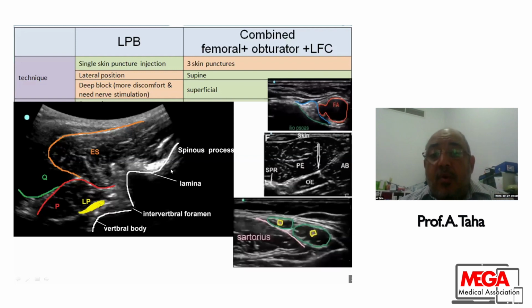And also they don't require nerve stimulation. Nerve stimulation is required in the lumbar plexus block because of the depth; you are not sure of the position of the tip of the needle. So we confirm the position of the tip by nerve stimulation. But in the combined techniques, we don't have to use nerve stimulation.